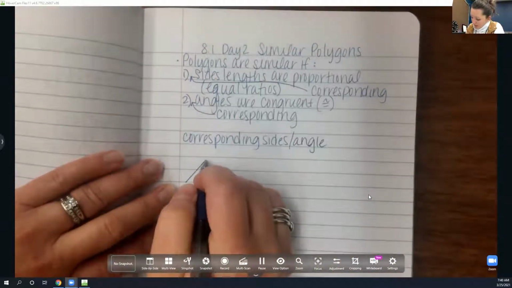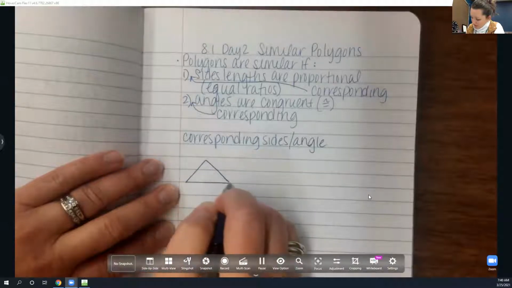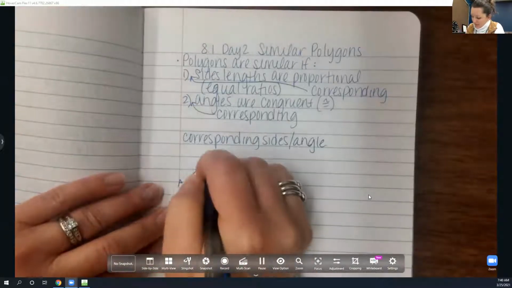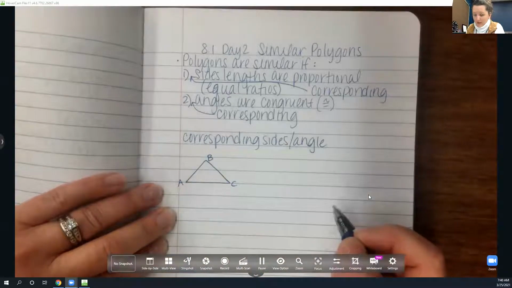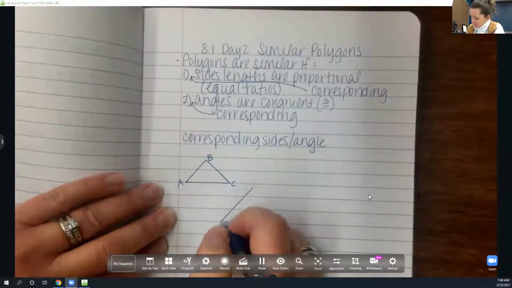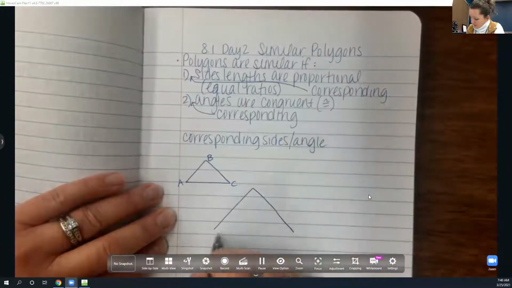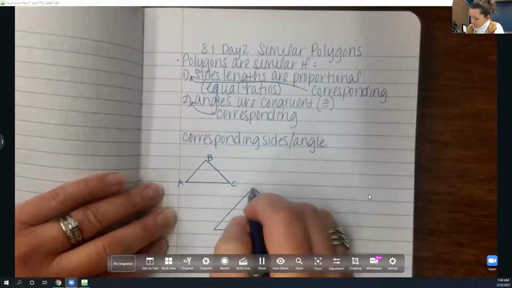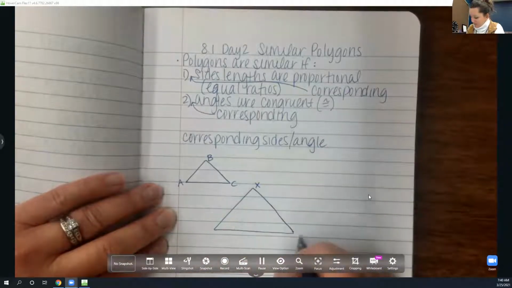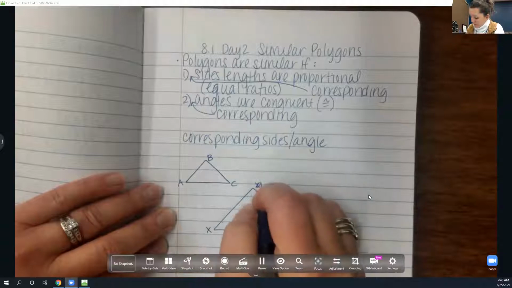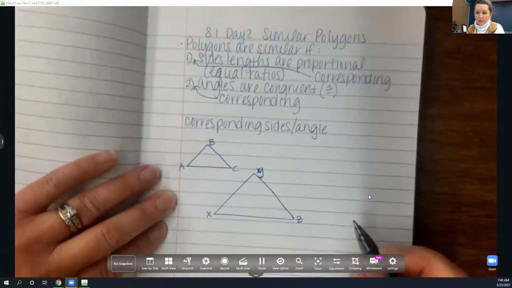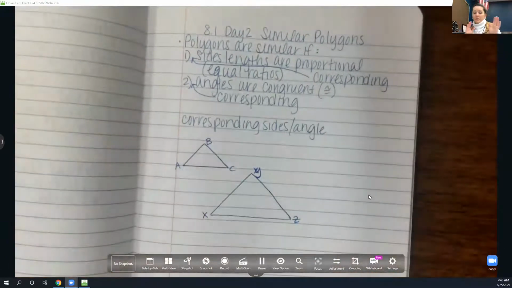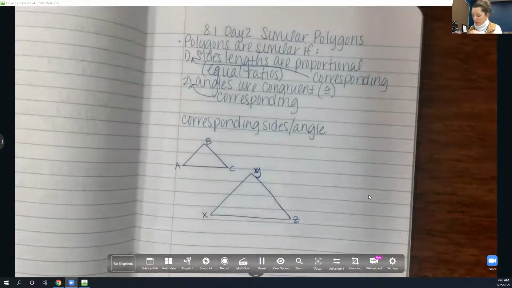If my triangles are similar, so if triangle ABC is similar to triangle XYZ, then their corresponding parts are going to be proportional, so sides will be proportional, angles will be congruent.